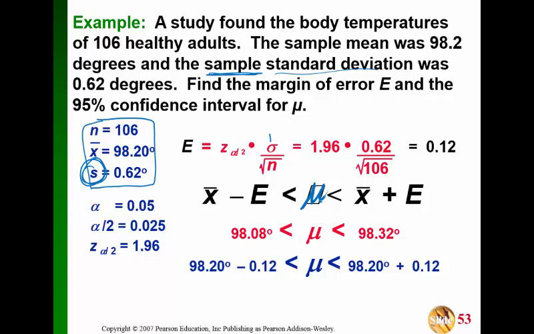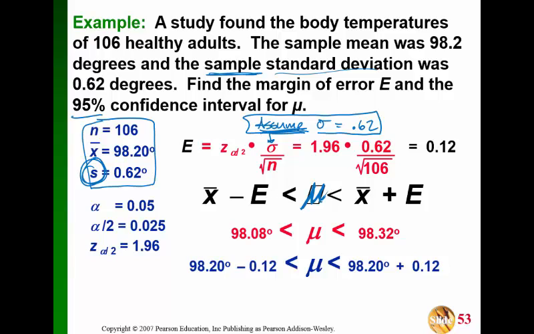But they end up assuming, and that's a big assumption, that sigma is equal to 0.62. Sigma does not equal 0.62 in this problem, but they are assuming that it does, just for the sake of using this technique, because in reality it's hard to figure out what the population standard deviation is.